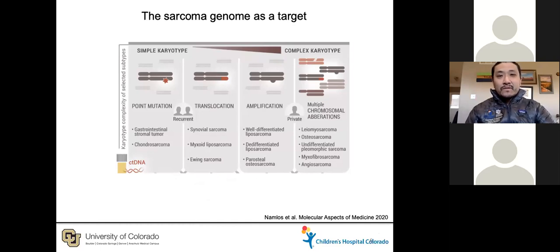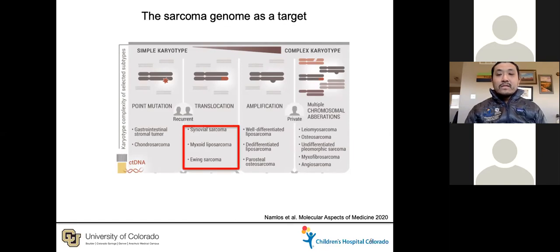From the genomic standpoint, the sarcoma genome goes from a very simple karyotype like GIST, chondrosarcomas, and translocation-driven sarcomas like synovial sarcomas, myxoid, and Ewing, which basically have one or two driver genomic events and really nothing else, to the most complex karyotypes like osteosarcomas on the very right, where multiple chromosomal aberrations happen and large-scale amplifications and losses can happen in their genome.